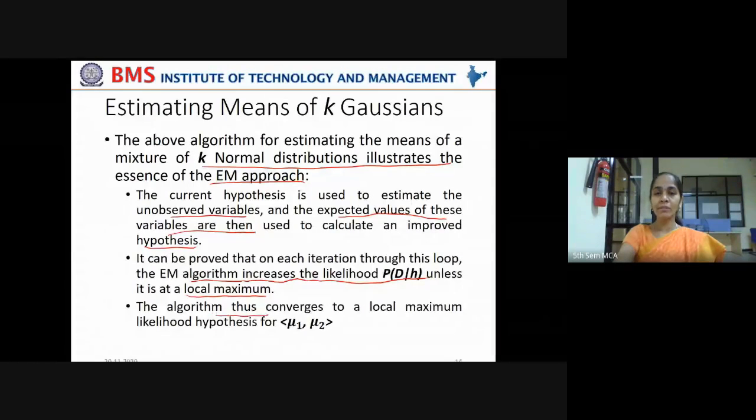Now the algorithm thus converges to a local maximum likelihood hypothesis for mu1 and mu2. Finally, you can find the final maximum likelihood for mu1 and mu2. Whichever has the highest likelihood, we can say that xi has been derived from that normal distribution.